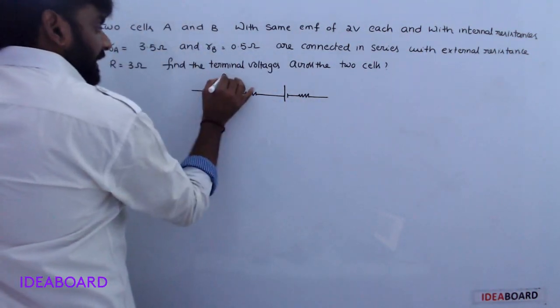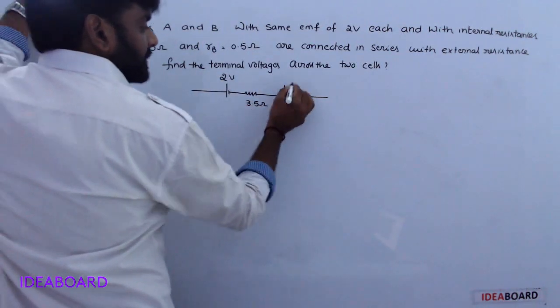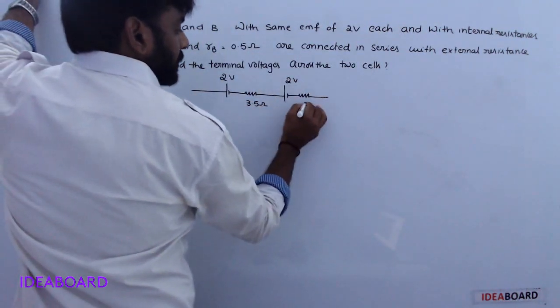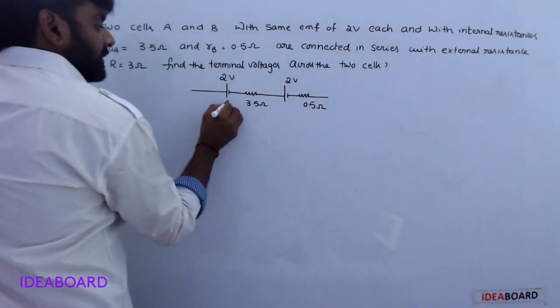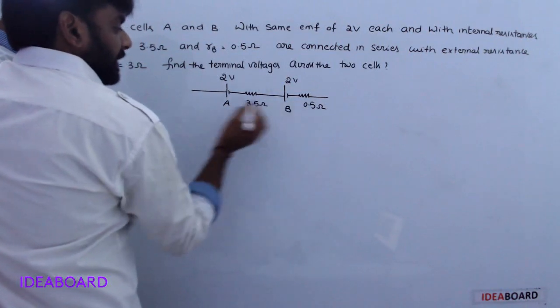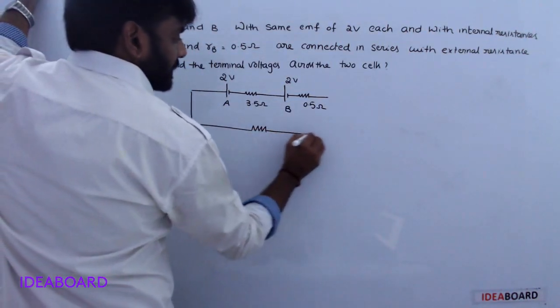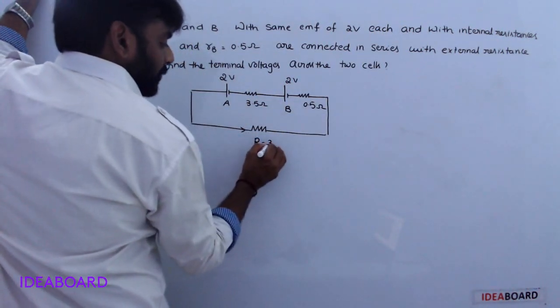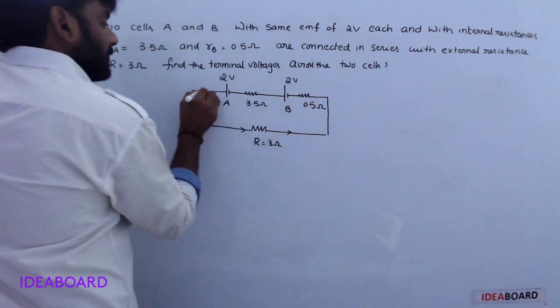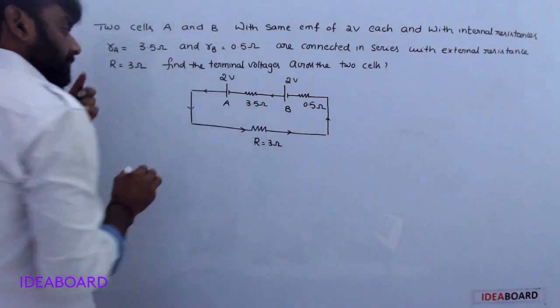It is 2 volts, 3.5 ohm internal resistance. It is 2 volts, 0.5 ohm internal resistance. This one is A, this one is B. External resistance R is equal to 3 ohms. Understood? It is the given data.